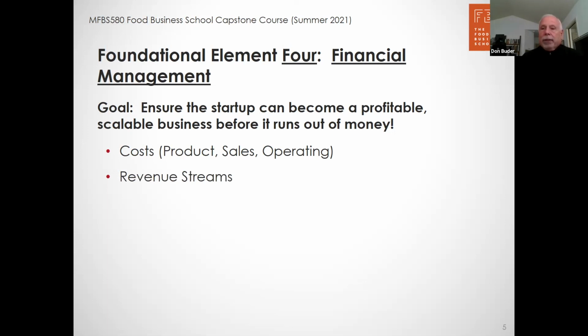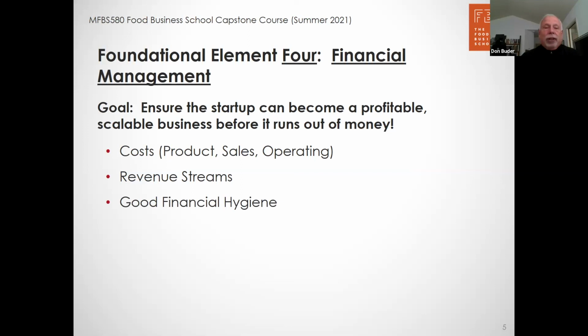Where's the money coming from? And when is it coming in? What's the time lag between when we sell a product and when we get paid for it? And that differs with online versus grocery retail. Let's make sure we understand that so that the money is landing in your bank account at the right time so that you're not going to run out.